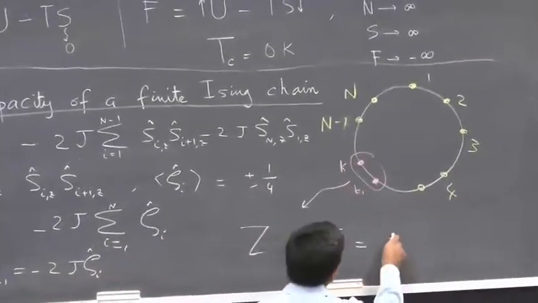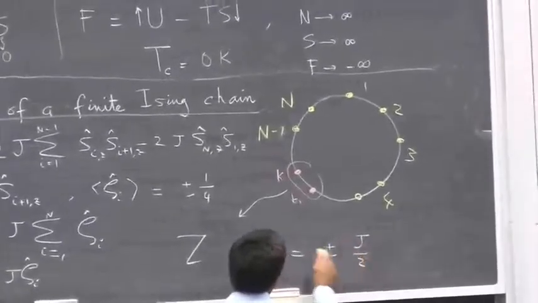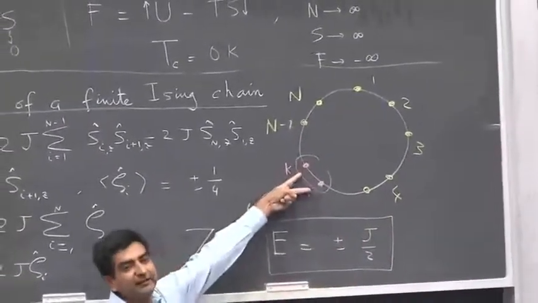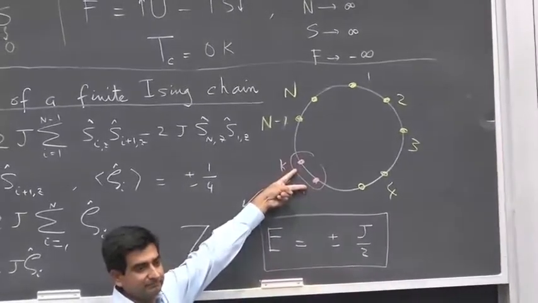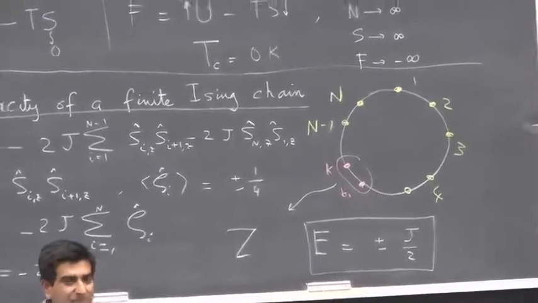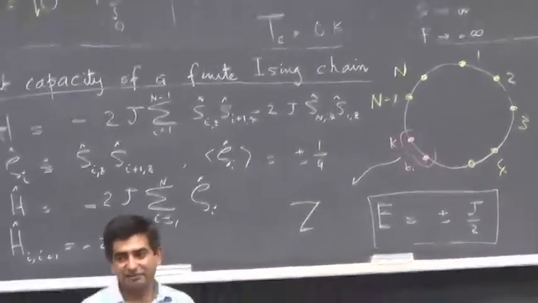So plus minus J/2. These are the possible energies of this interaction. Both spins could be parallel, which is lower energy. Both spins could be anti-parallel, which is higher energy.